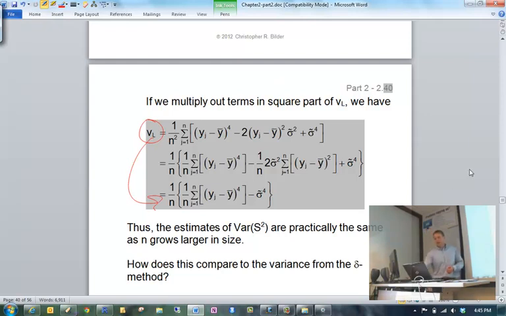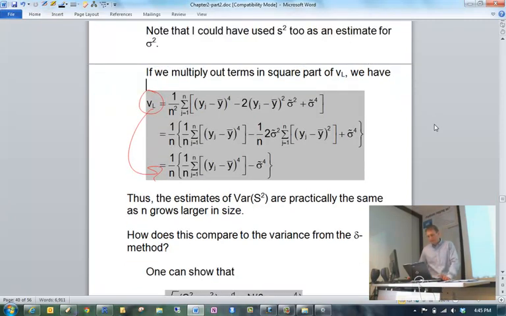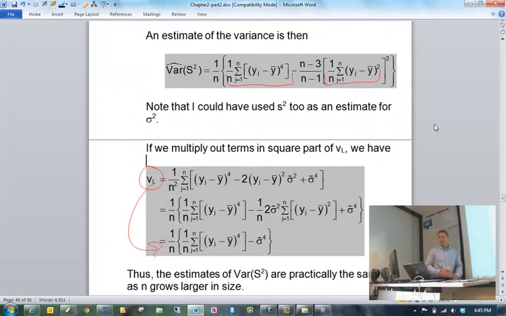And again, look how similar that is to the exact estimate. Asymptotically they're very similar, and the thing that's different is this right here, which of course goes to 1.